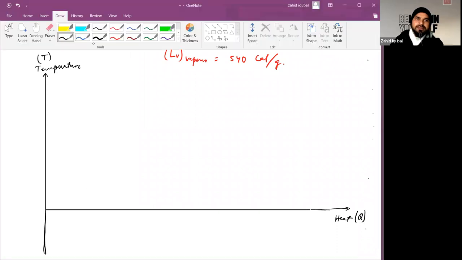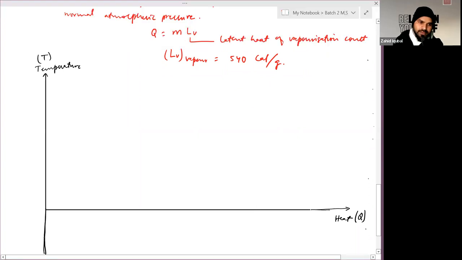Consider ice to be initially at some low temperature, minus 10 degrees Celsius. So on heating, the temperature of ice will change from minus 10 degrees Celsius to reach 0 degrees Celsius. So this heat, which causes its temperature to change, is termed specific heat.